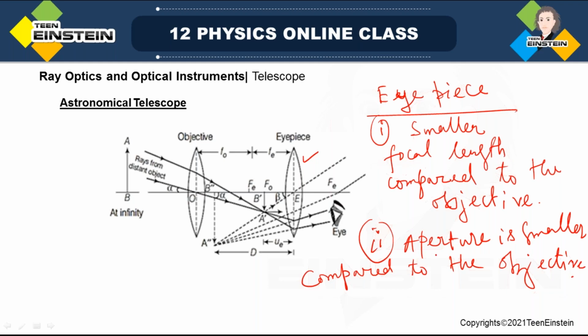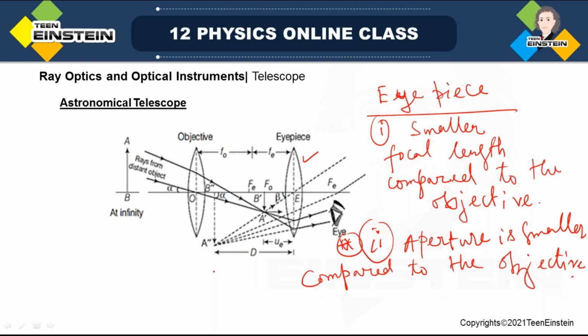Why is this? Because see, your eye is very small, right? So to ensure that all the light from the image enters your eye rather than going here and there, rather than wasting it, it is ensured here by taking a small aperture that the whole light gets into your eyes to see the image clearly.